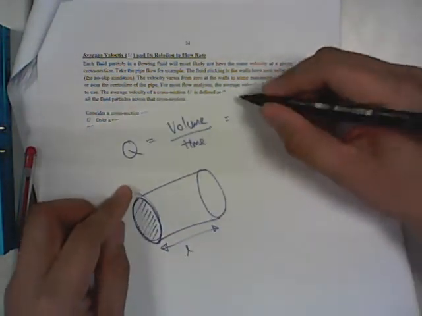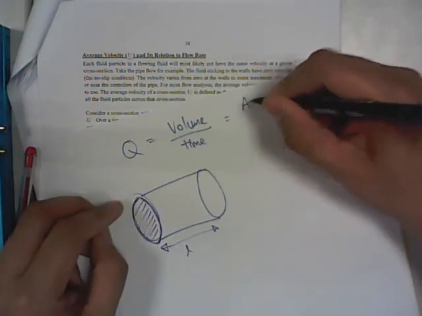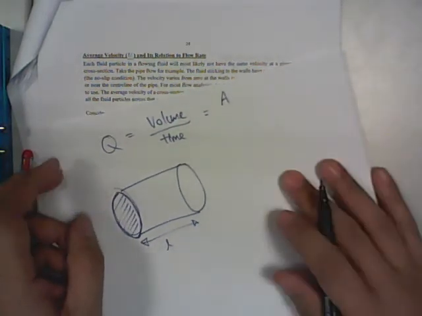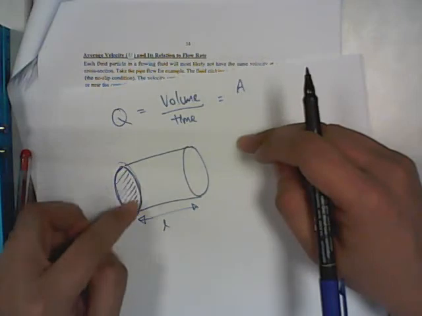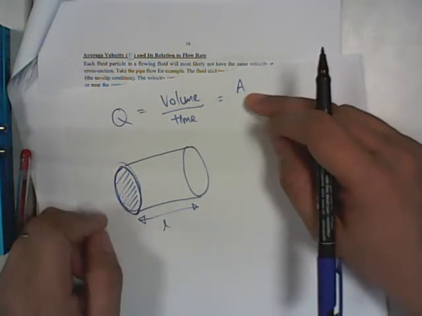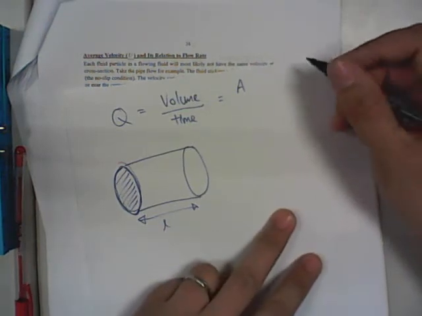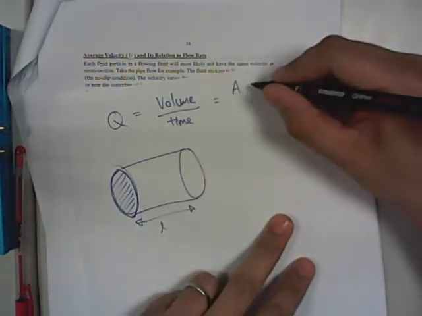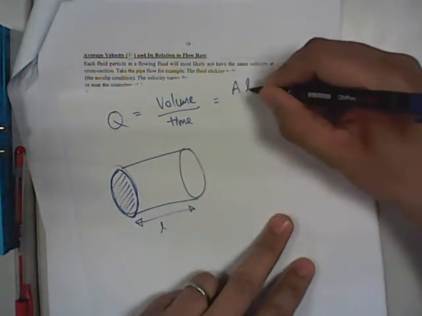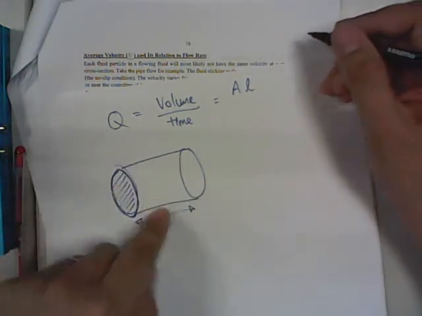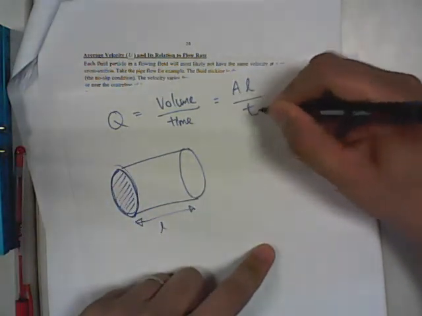Cross-section area is usually denoted by A, and if the cross-section is a circular pipe, your area will be pi r squared or pi d squared over 4. But now we just keep it simple. Area times length will give you the volume of this cylinder over a certain time.